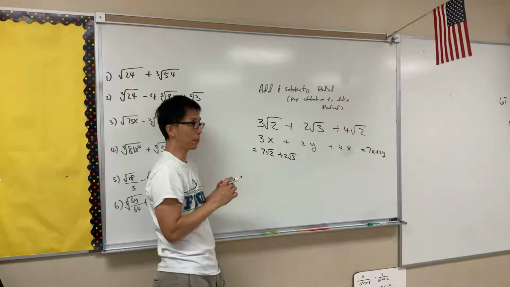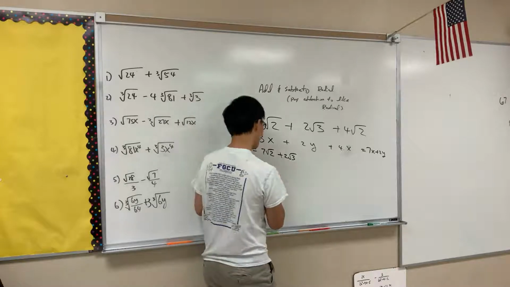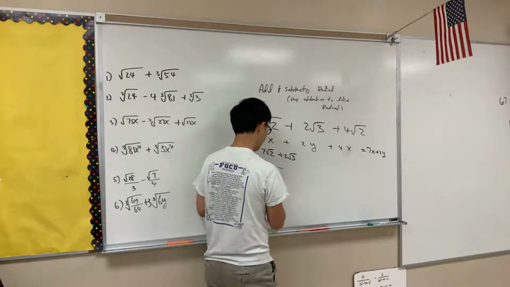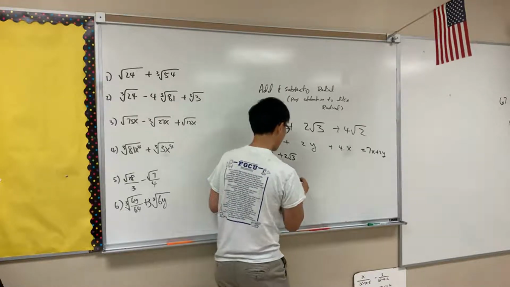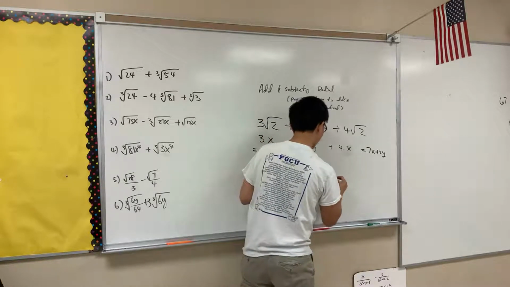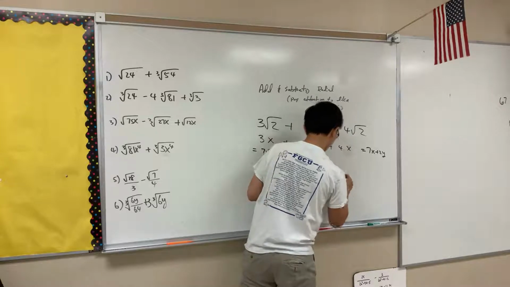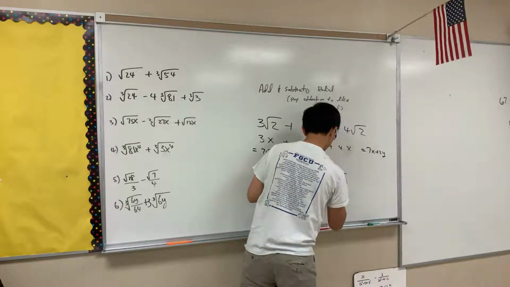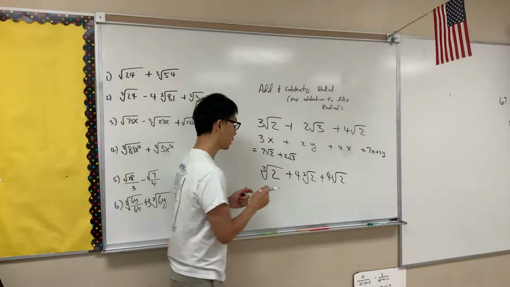So those are the things that you need to make sure you understand. Roots are also important. So if you have the third root of 2 plus 4 third root of 2 plus square root of 2, let's say 5, sorry.